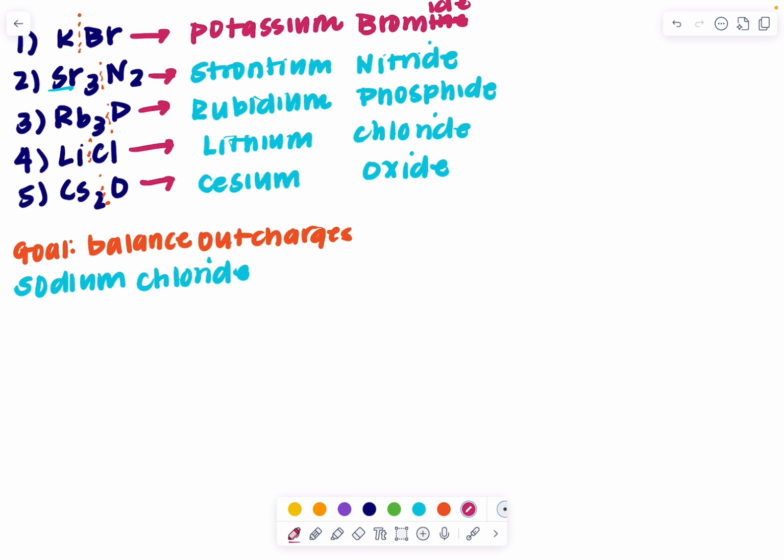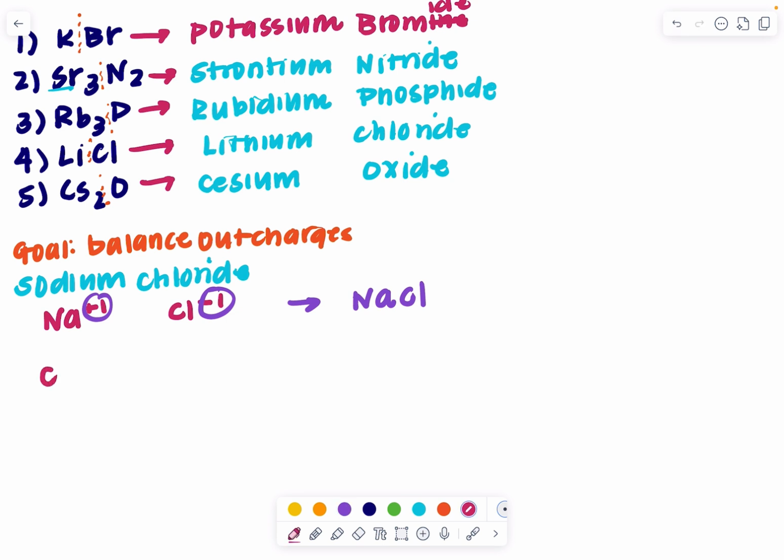If we look at the periodic table, sodium has a +1 charge. Chlorine has a -1 charge. Our charges are already balanced out, meaning that we don't even have to do any math. They add up to 0, they balance. It's just NaCl.